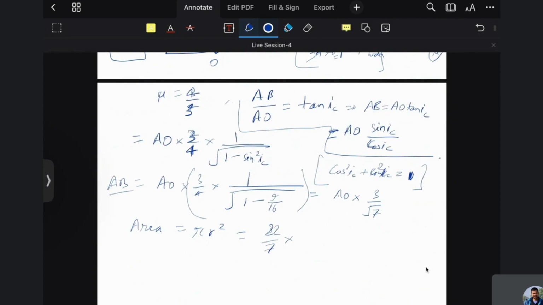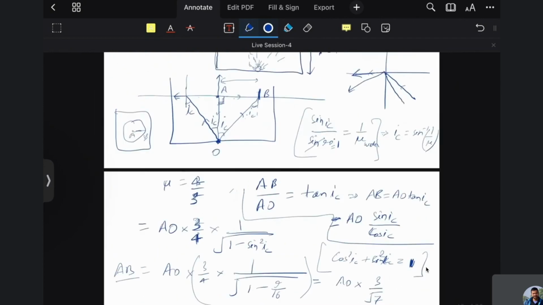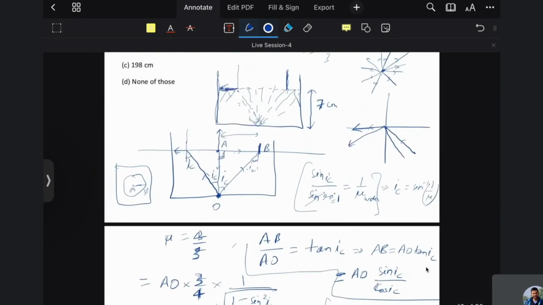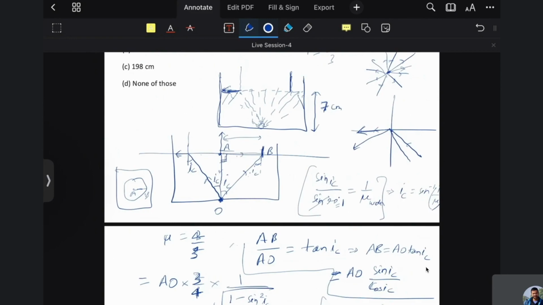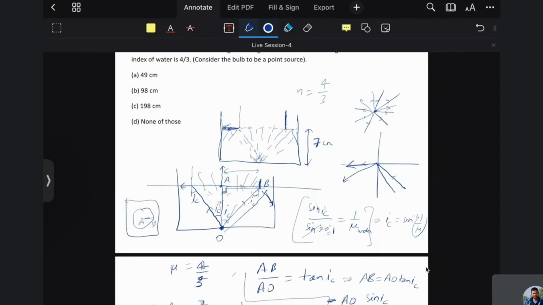Sir, can you explain? Okay, wait. As I told you, beyond this distance, all the light will be internally reflected, so only up to this much distance the light will come out. But since it is a point source, the light will come out in all directions.